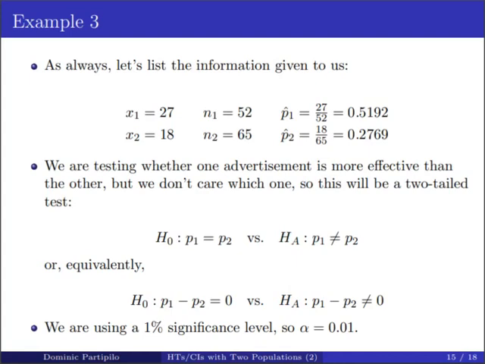And just like before, we can express this in this way if we wanted to work the delta zero into here. And then again, we're using a 1% significance level, so alpha is going to be 0.01 here.